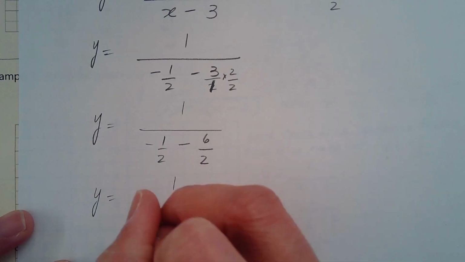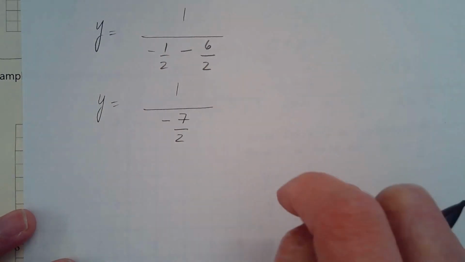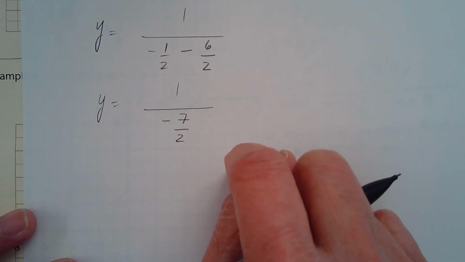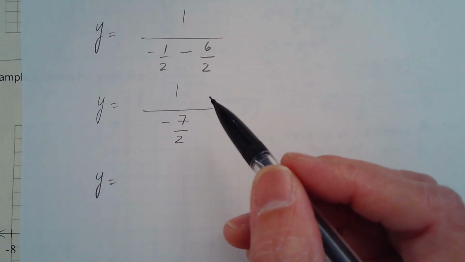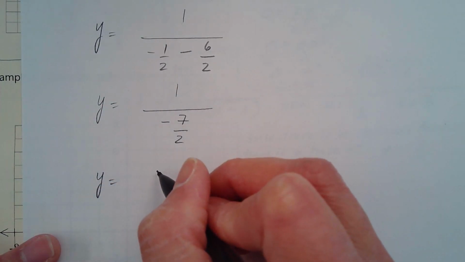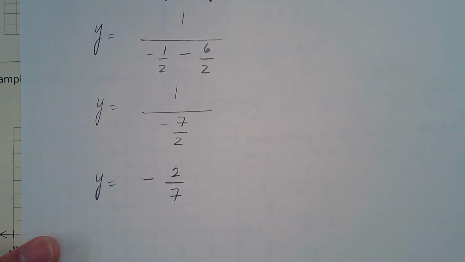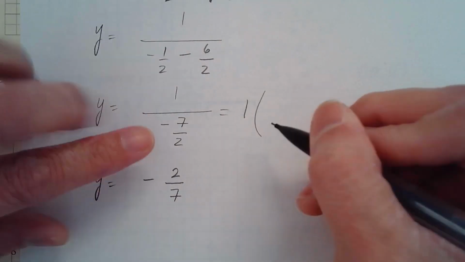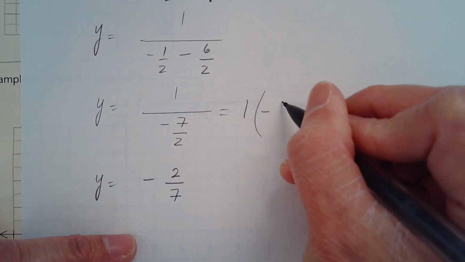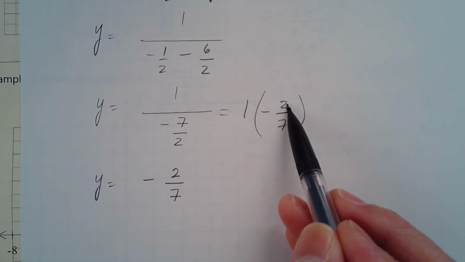So it's going to be 1 over -1/2 minus 6 halves, that's going to be -7 halves. And then how do we deal with this complex fraction? It's 1 divided by -7 halves. Multiply the reciprocal, so this becomes 1 times the reciprocal of the denominator, -2 over 7. So it's going to be 1 times -2 is -2 over 7.